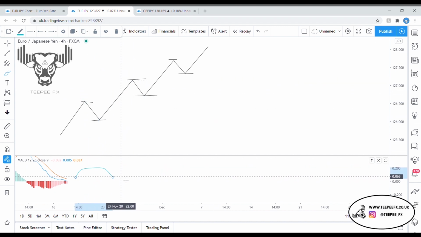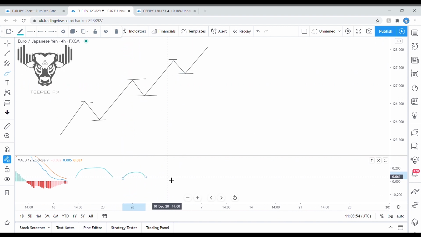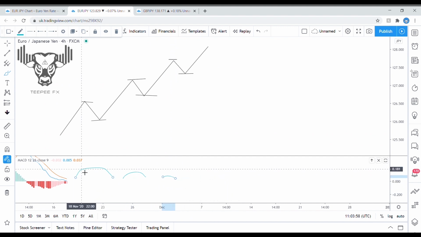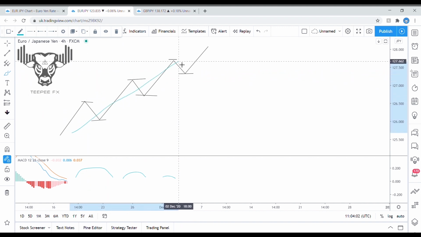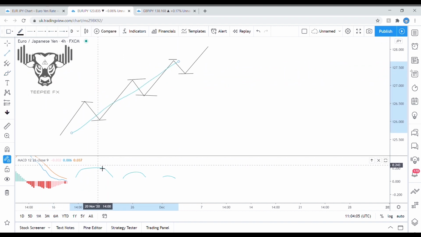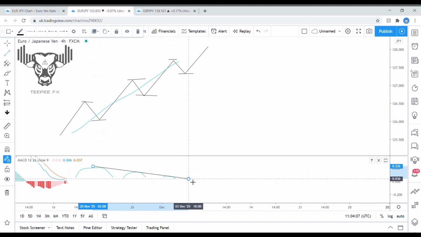The next high is going to have come down, and the final high up here is going to have come down even more, and our MAs will be doing the same. So our price is pushing in one direction and our MACD is showing us the complete opposite. So price is climbing here, MACD is coming down.